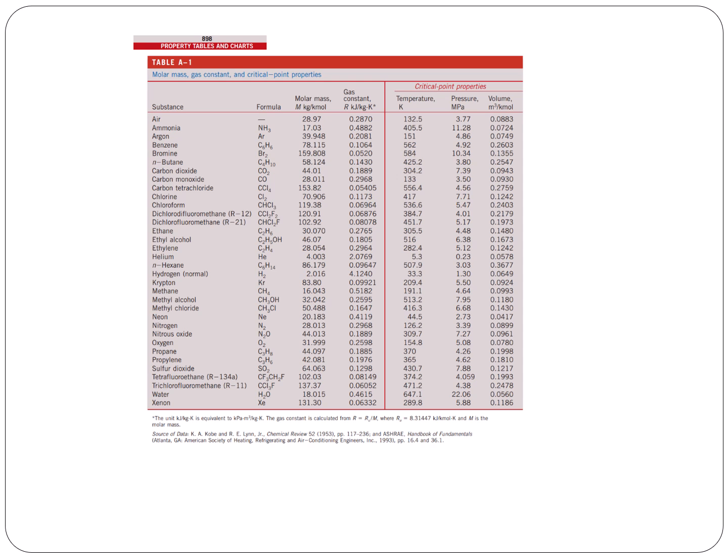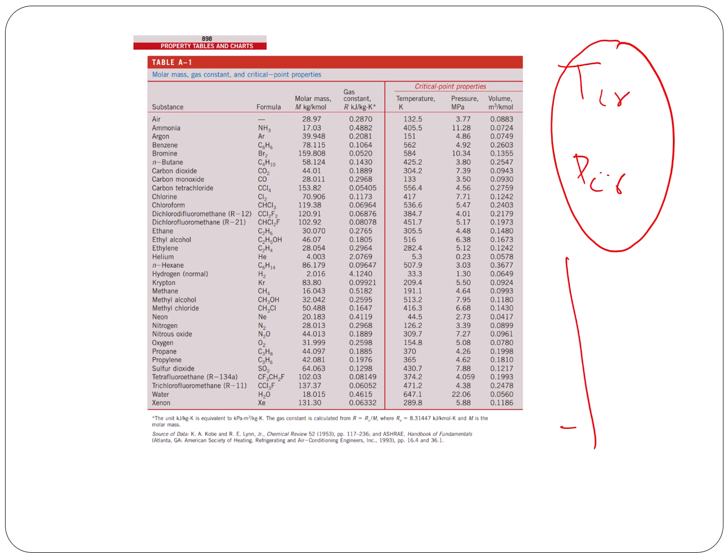And as I was saying before, we need the critical temperature and the critical pressure, right? These are standard values, which we can get from the table. So if we want to find the critical pressure and temperature for different substances, for instance for ammonia, it is Table A1.